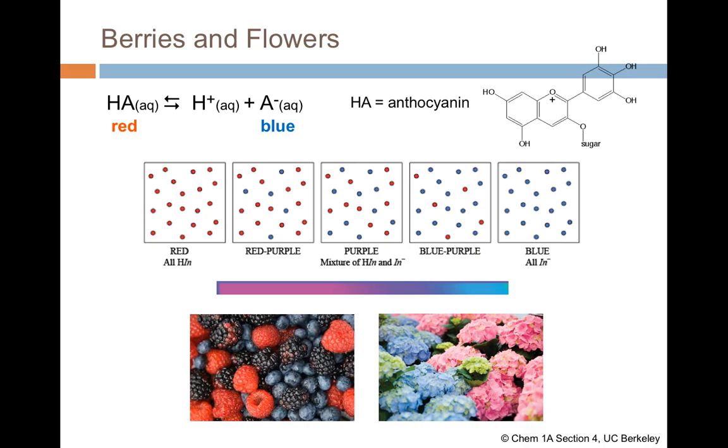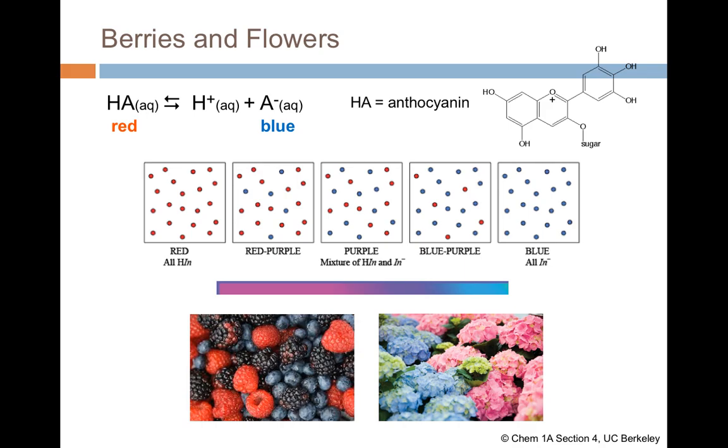And so depending on the pH of the soil in which these berries and flowers are grown, you can end up with either a majority of HA molecules around, making the berry or flower look red, or a majority of A- molecules around, making the berry or flower look blue, or if you're at some intermediate pH, you might have a mixture of blue and red, making the berry or flower look purple.